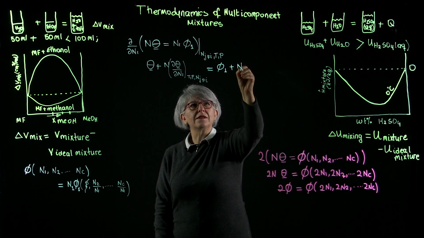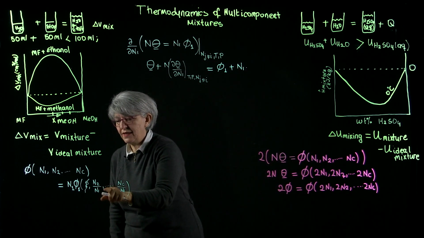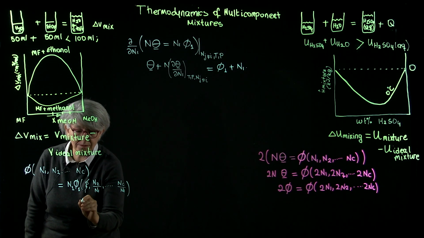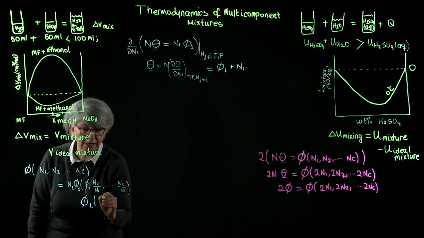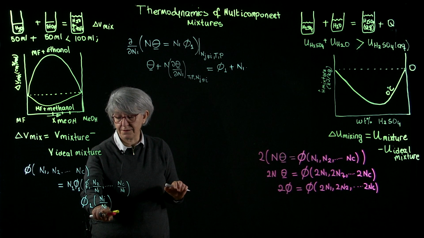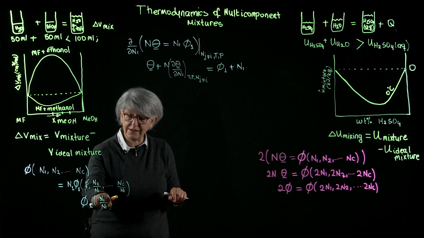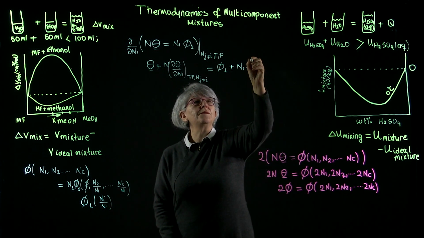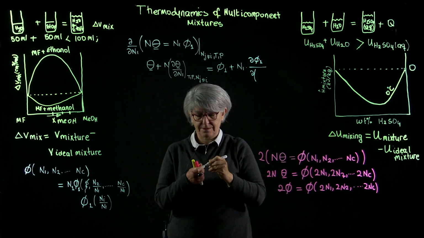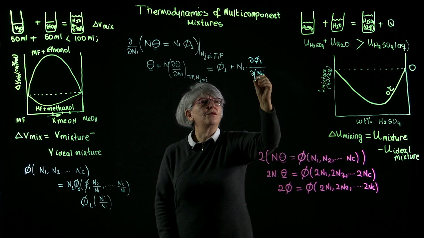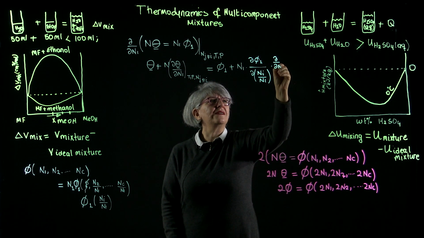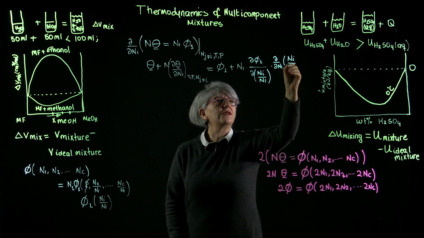Plus n1 times, now this phi 1 is an implicit function of n1, right? So phi 1 is a function of ni over n1. So I have to take the derivative with respect to this, then differentiate this with respect to that: n1 times del phi 1 over del ni over n1 times del over del n1 of ni over n1.